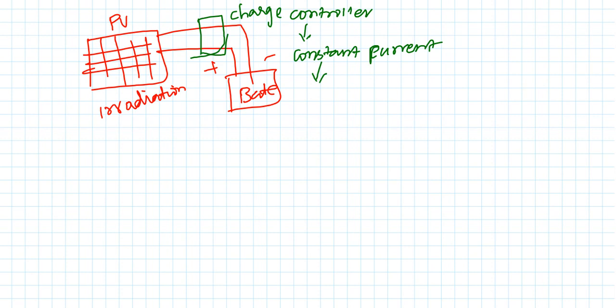So the charge controller is used to maintain or provide a constant supply to the battery for charging purposes. So whenever we are using a PV panel, we have to place the charge controller next to the PV panel. The charge controller is connected to the battery. So these are the basic things.